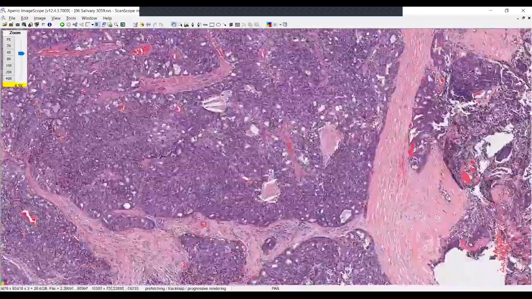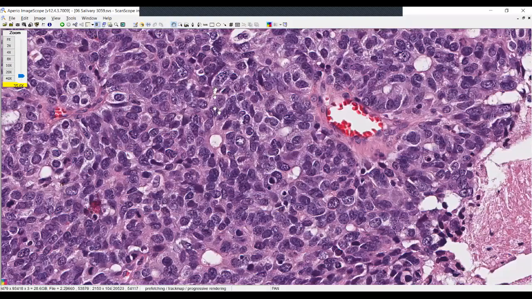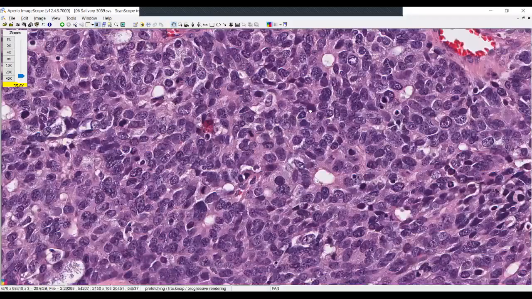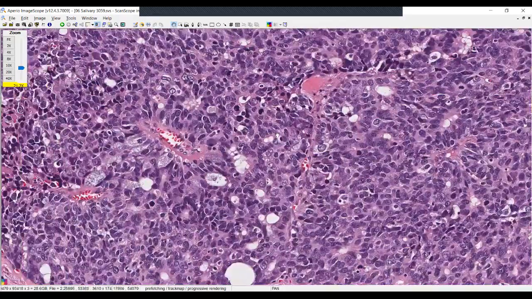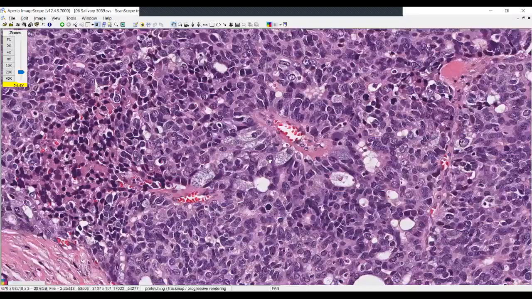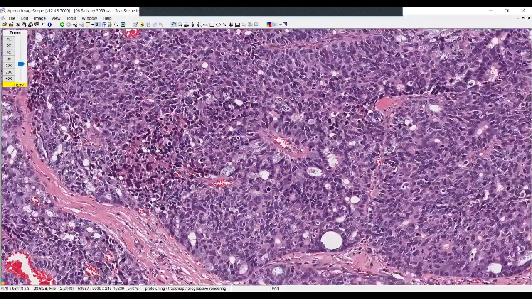Let me see if I can show it a little bit differently in another area, where you really do have remarkable pleomorphism present in this case. But then as you drive around, the areas of granularity in the cytoplasm pop out to you. So here you can see again areas of dark blue granules present within the cytoplasm.